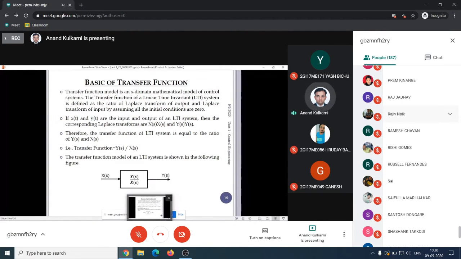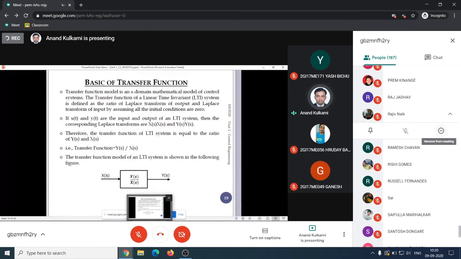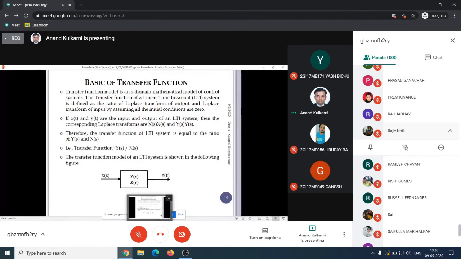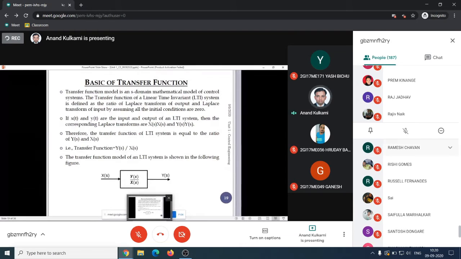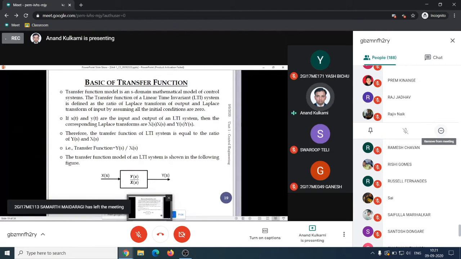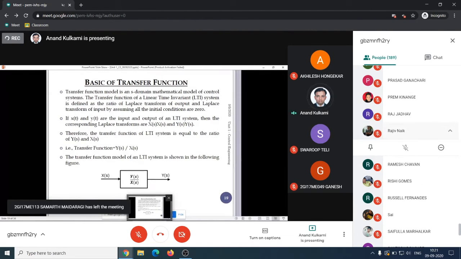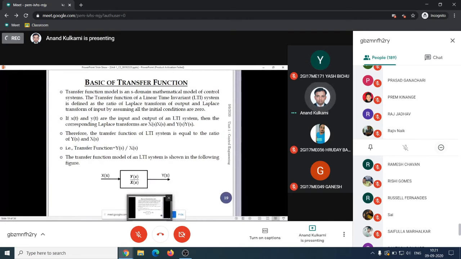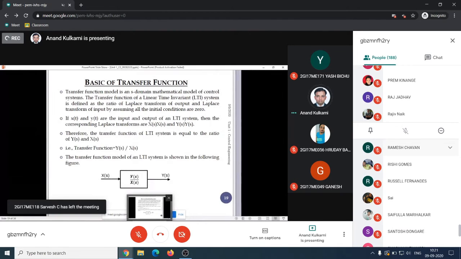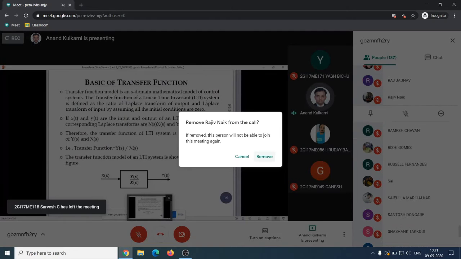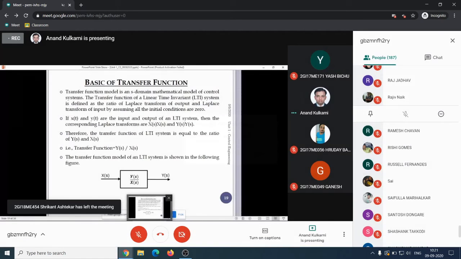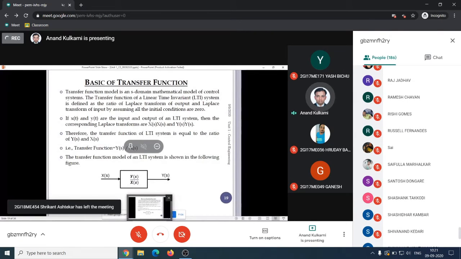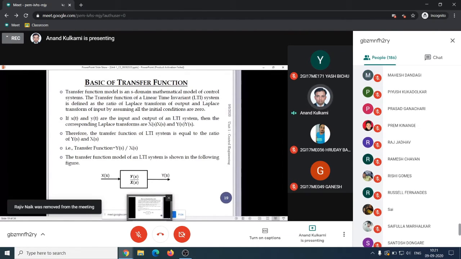Then, after looking at these control systems and their nature, the next topic in this first unit is the transfer function. Before coming to the transfer function, the basic job here is to control a particular process. In a particular process, if you want to control it, that means a parameter has to be controlled.